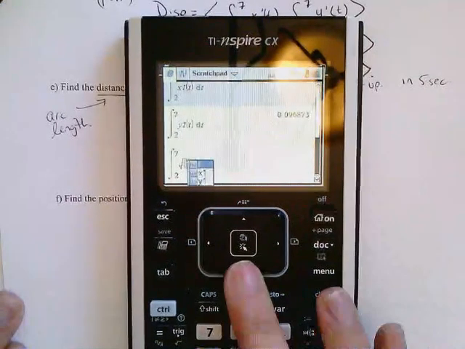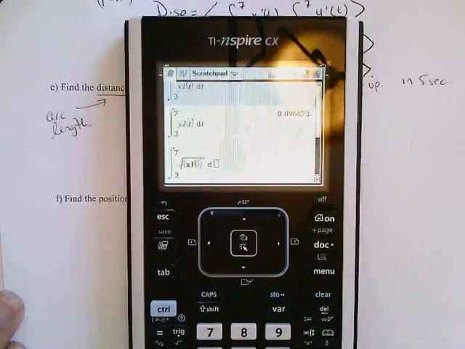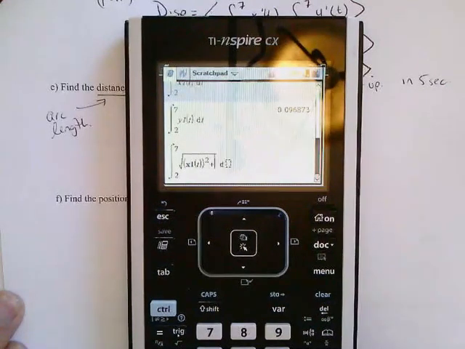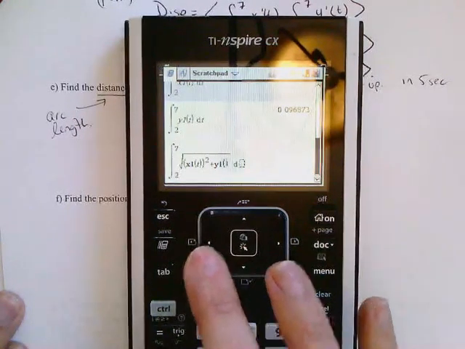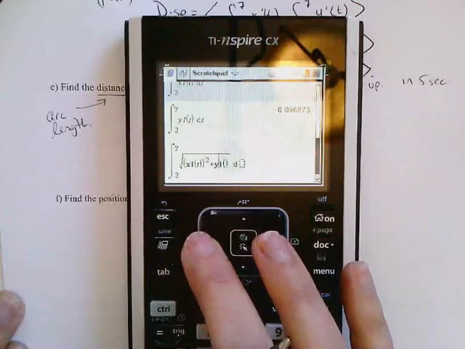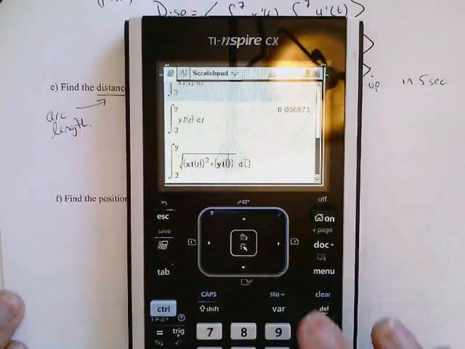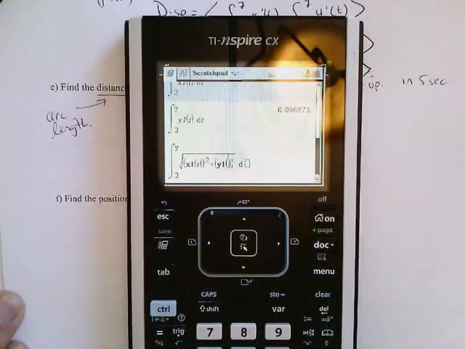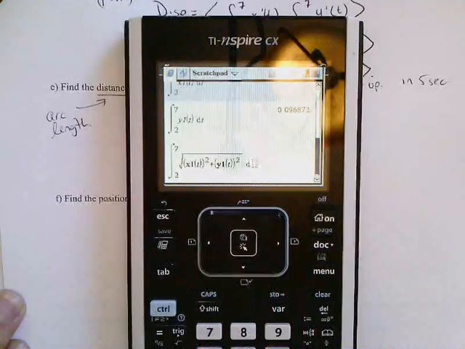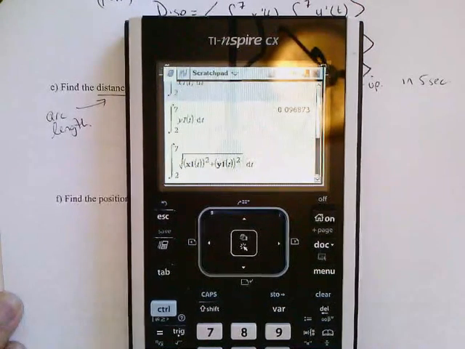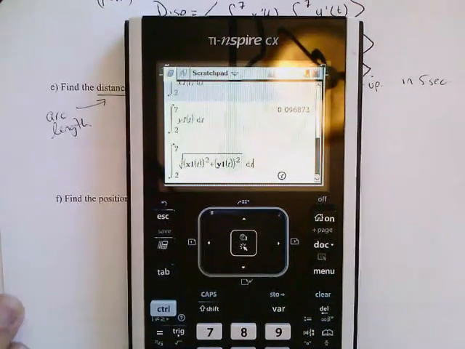So vars x of t squared plus vars y, remember to put those in parentheses so that it squares the whole thing, t squared, and don't forget your t to represent what you are integrating in terms of.